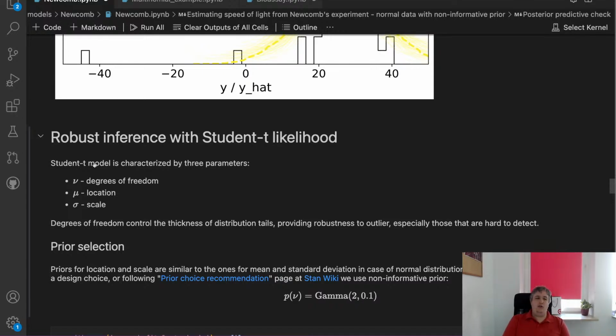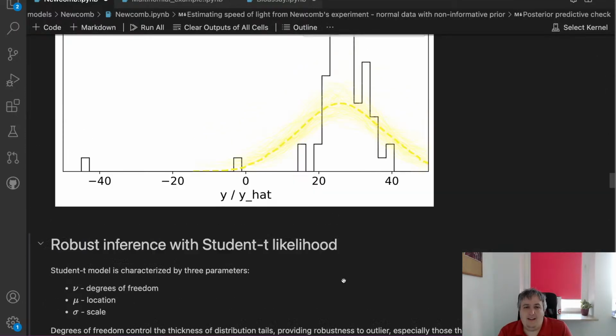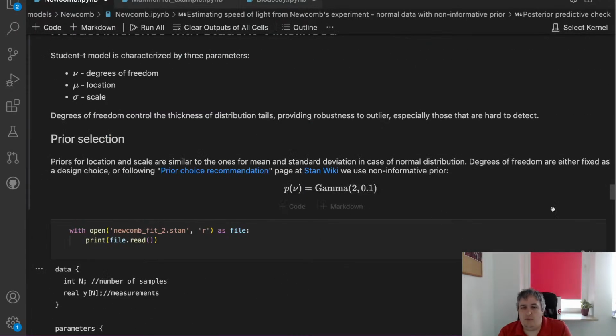Again, using some kind of ignorance here, we are relying on the prior choice recommendation provided in the Stan wiki. It proposes a non-informative prior for degrees of freedom, which is a gamma distribution with parameters 2 and 0.1. This distribution takes positive values and has enough heavy tail to possibly assign large values of degrees of freedom.